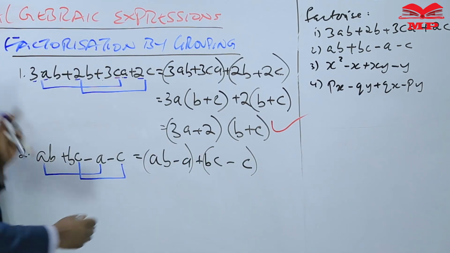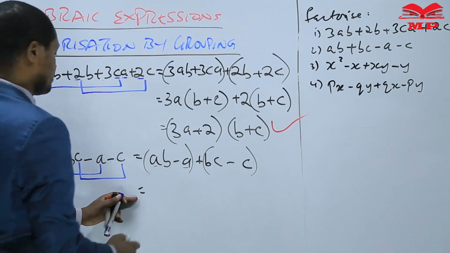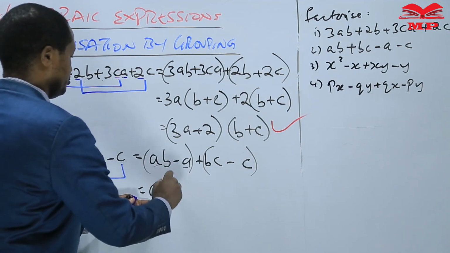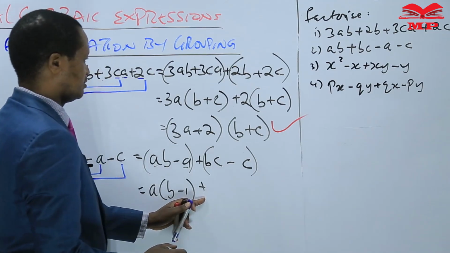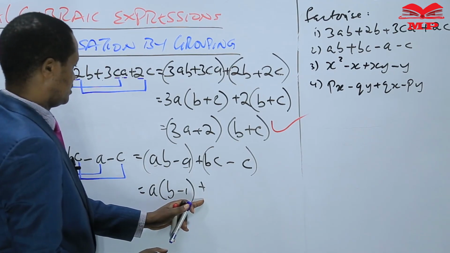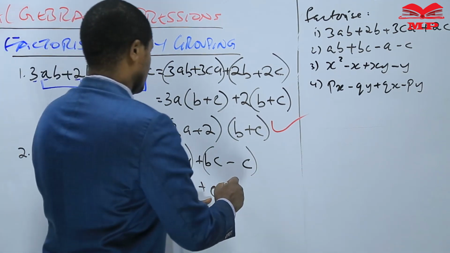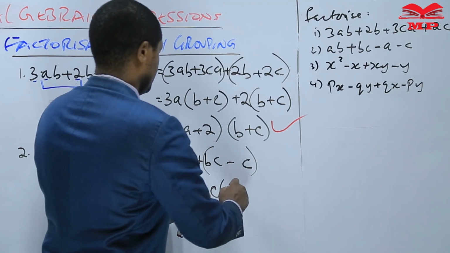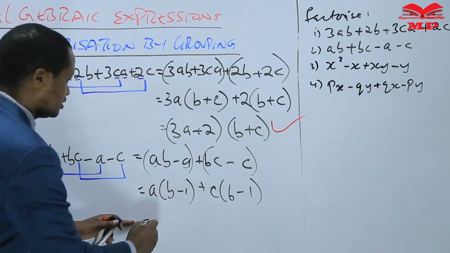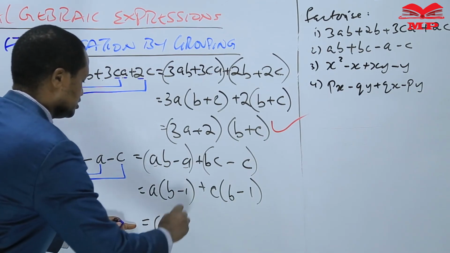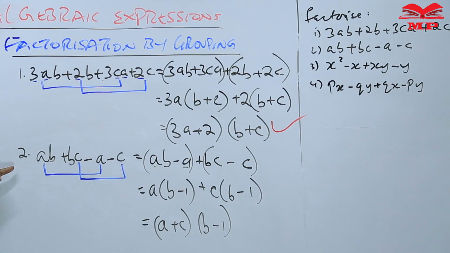They have been grouped into 2, so we can now factorize. a is common here, so we have a into b minus 1, then plus c. This c is common, then b minus 1. So the answer will be a plus c, b minus 1. That is question number 2.